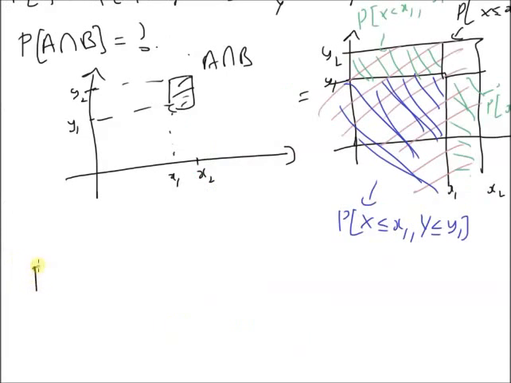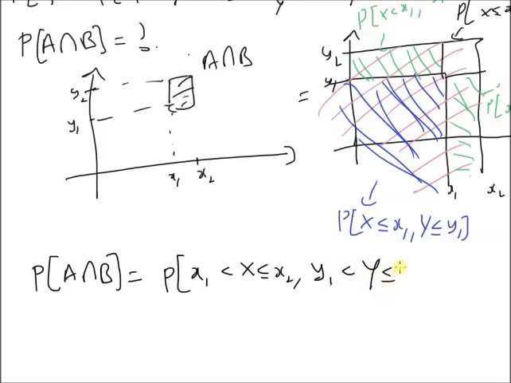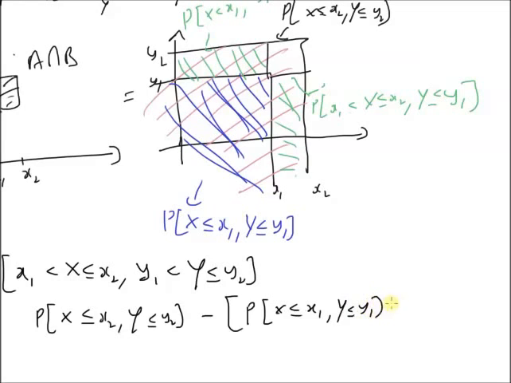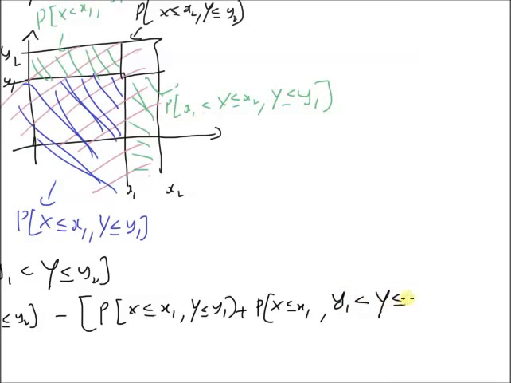That is, the probability of A intersection B, which is equal to the probability of x1 < x ≤ x2, y1 < y ≤ y2, the small rectangular region, is equal to the probability of the region in red, that is, the probability of x ≤ x2, y ≤ y2, minus the sum of the probabilities of the region in blue, that is, the probability of x ≤ x1, y ≤ y1, plus the probabilities of the regions in green, given by the sum of the probabilities of x ≤ x1, y1 < y ≤ y2, plus the probability of x1 < x ≤ x2, y ≤ y1.